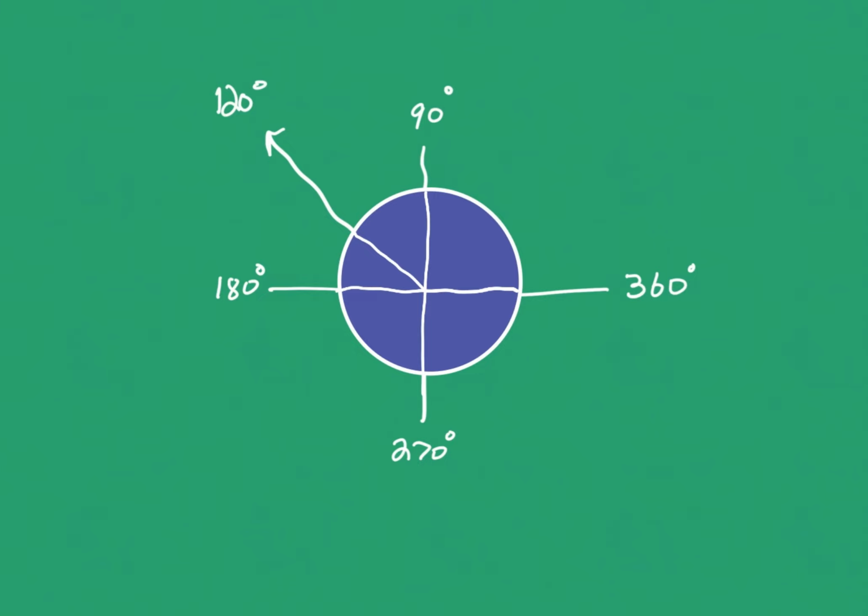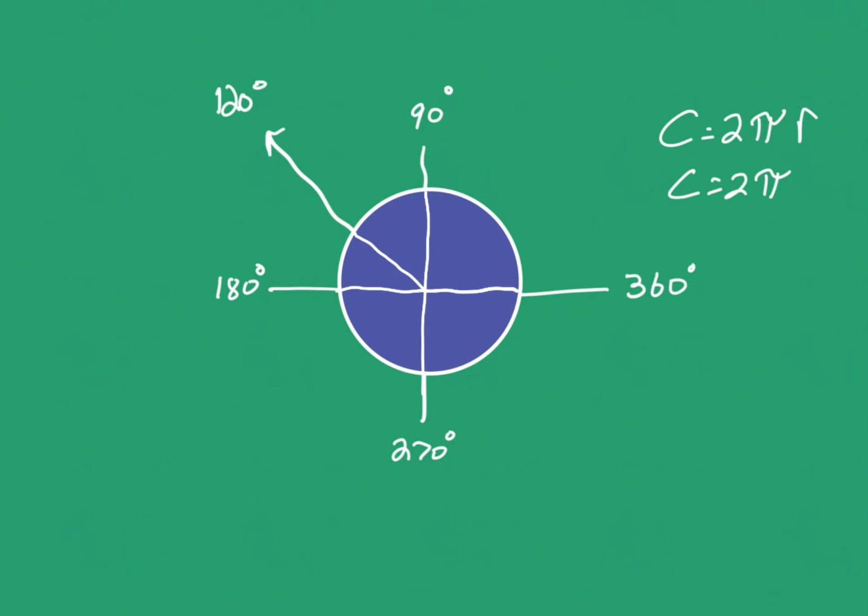And back in geometry, you learned how to find the circumference of a circle. And what you found out was that the circumference of a circle is 2 pi times the radius. And the circumference is that distance around. Well, this unit circle has a radius of 1. So if I have a radius of 1, I can put a 1 in for that, and this has a circumference of 2 pi.